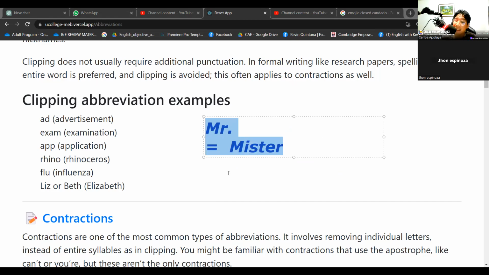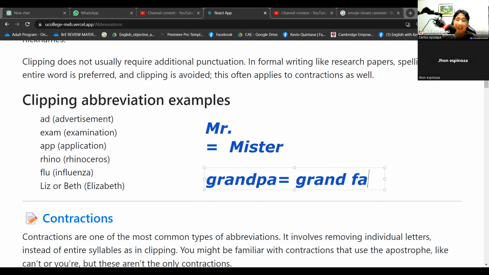But for example, when you have something like grandpa, it comes from grandfather. Okay, is this contraction or clipping? Clipping.